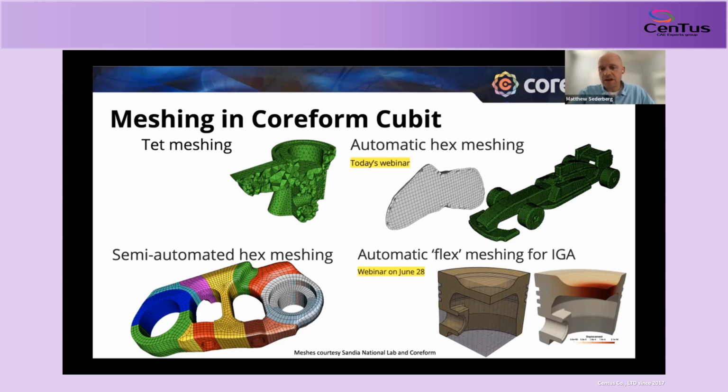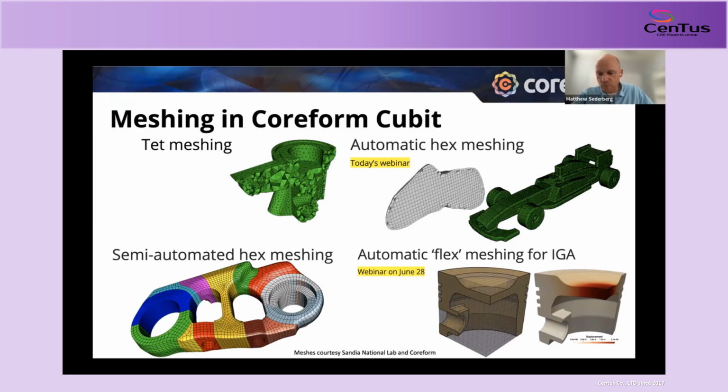Today, what we focused on is an automatic hex meshing capability that's available in Coreform Cubit. And Greg will go into the details as far as the suitability of this mesh for various applications or applications where it may not be best suited. And I should also just let you know that we have also recently developed automatic flex meshing capabilities in Coreform Cubit for isogeometric analysis.